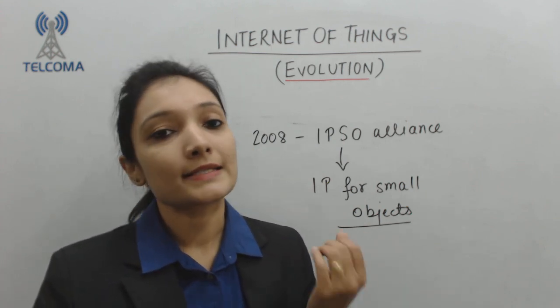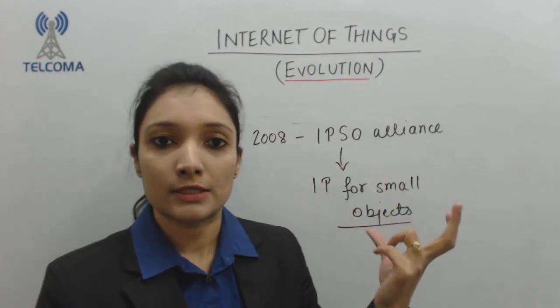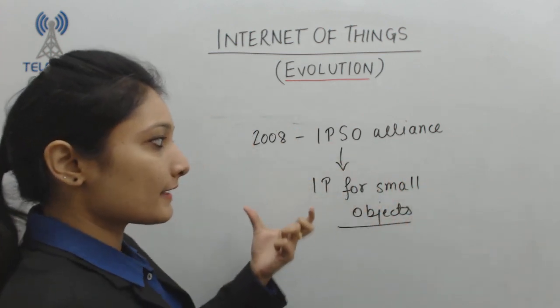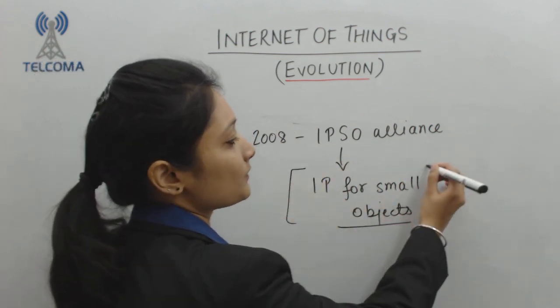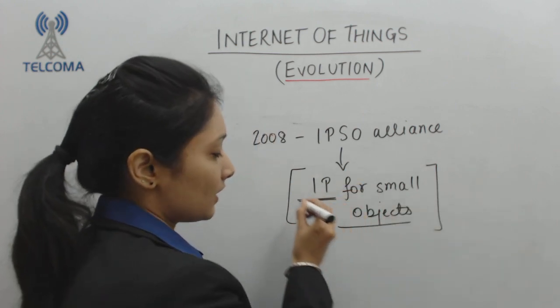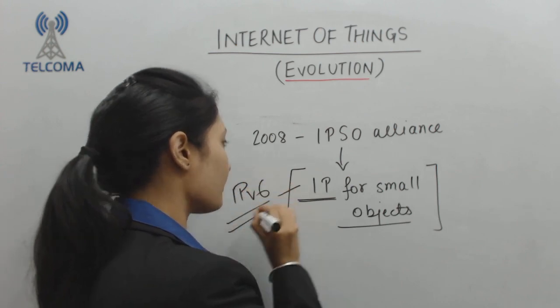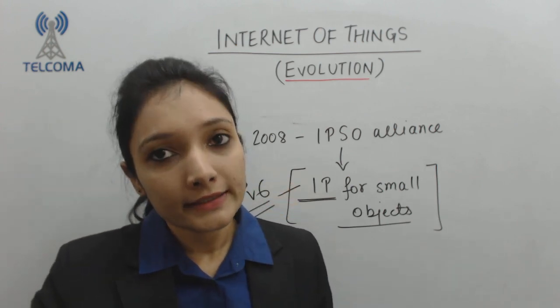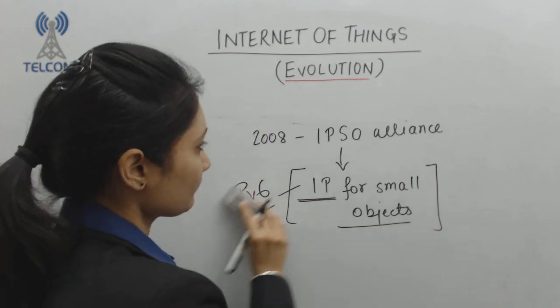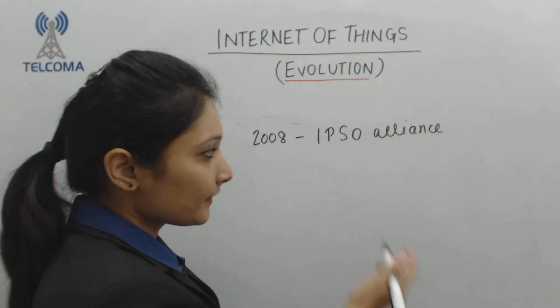Our IPv4 has a limited space, so IPv6 is supposed to be the backbone for the Internet of Things. This alliance focused on every small object being connected to the internet. So it must be IP enabled, and we have IPv6 for the Internet of Things. That was the creation of the IPSO Alliance.